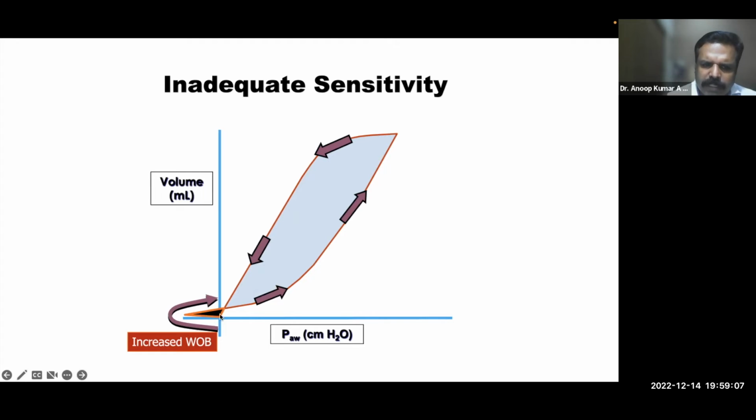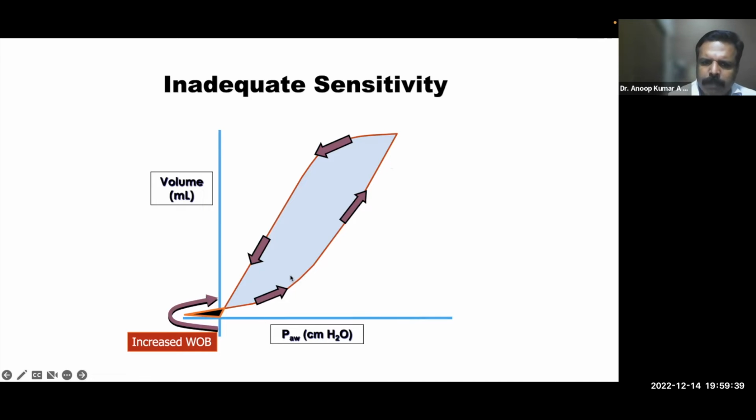If the trigger is not adequate, the patient will have to generate more energy, or more negative pressure has to be created, to make the ventilator sense that breath and trigger a breath. That will lead to increased work of breathing. So you should titrate the sensitivity or the trigger in such a way that each respiratory effort is sensed by the machine and an inspiratory flow happens.